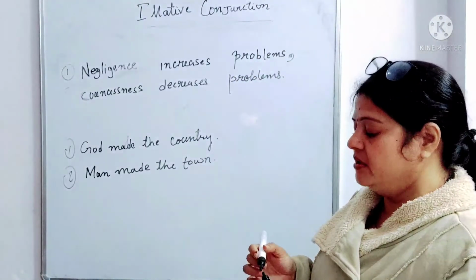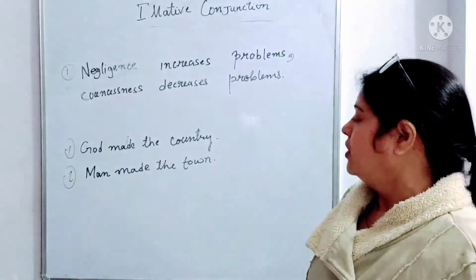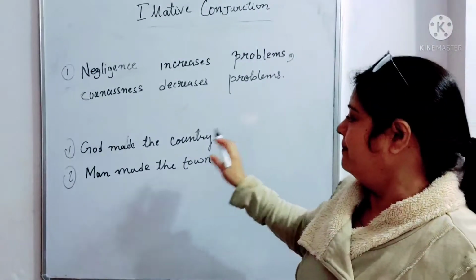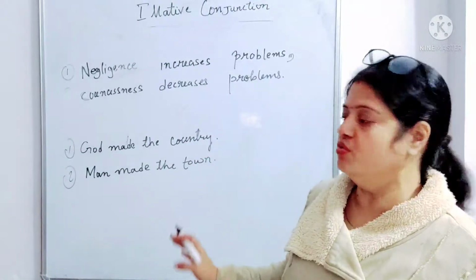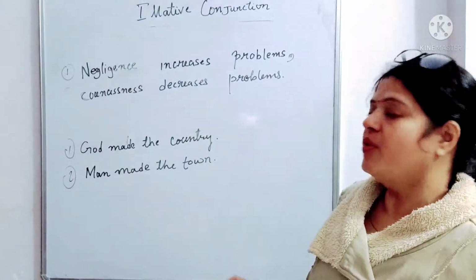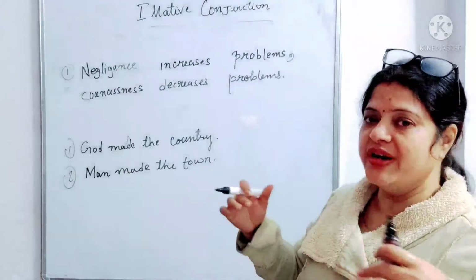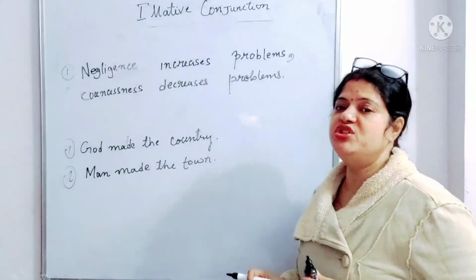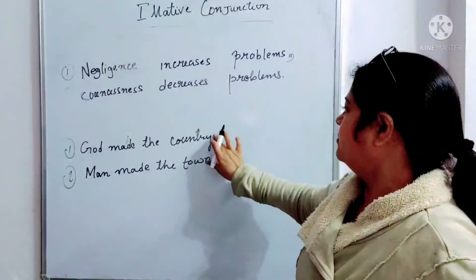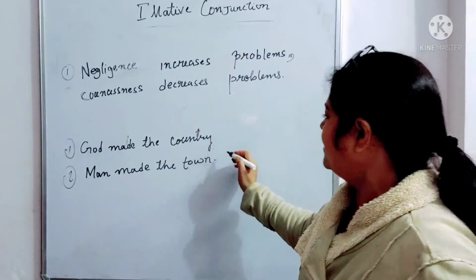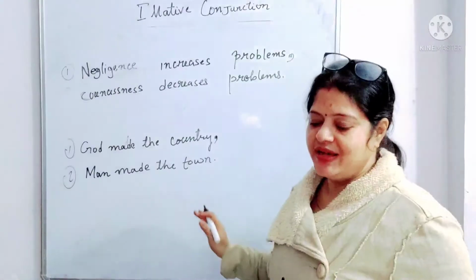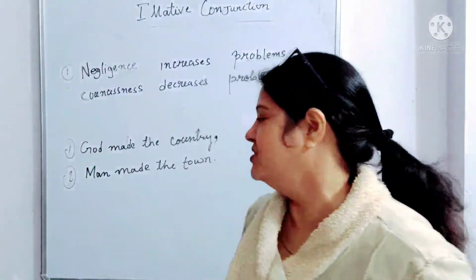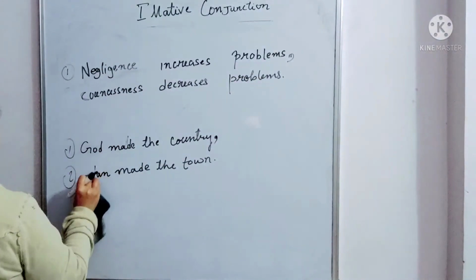Now let's see another. God made the country, man made the town. We can use and conjunction to connect these two statements, which are quite similar and connected to each other. So what we'll do is remove this full stop and put a comma after one sentence, and we'll add the other by changing the first letter into small letter.